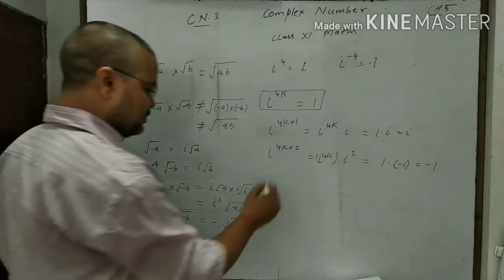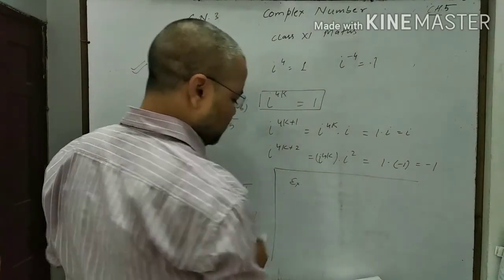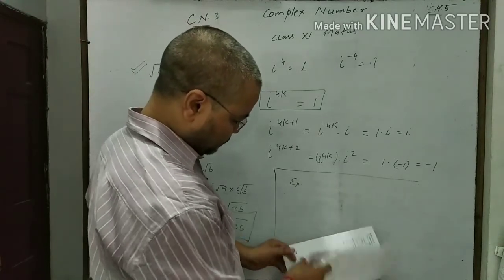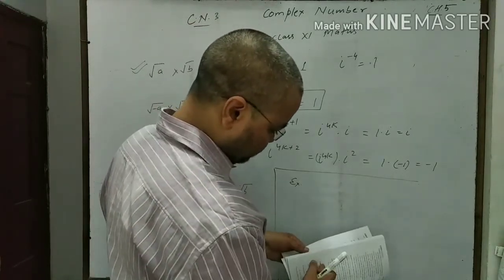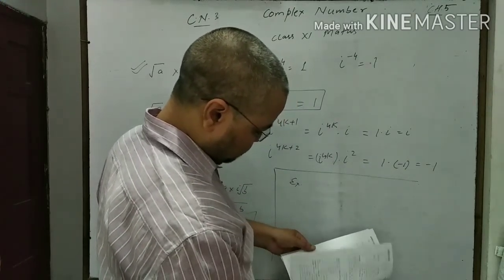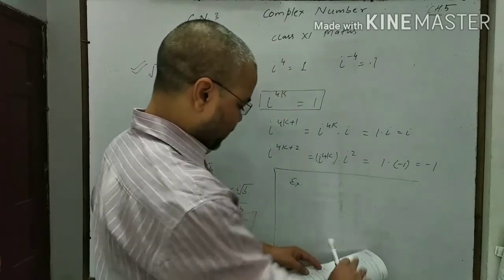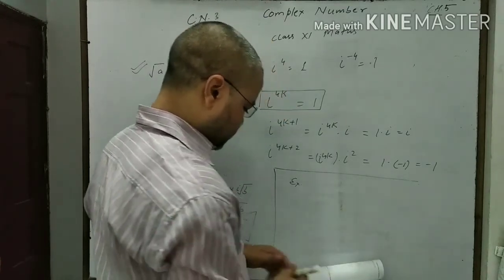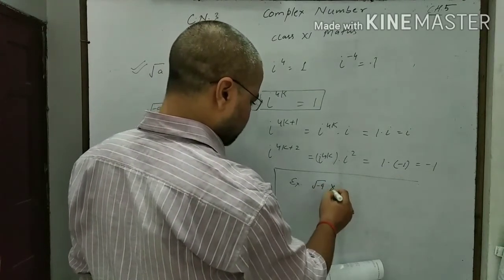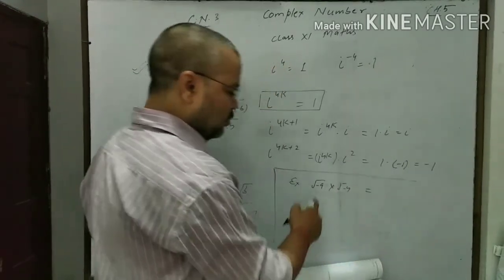Just like an example, one example is given in our question also, 5.1. Under root minus 9 into under root minus 4.